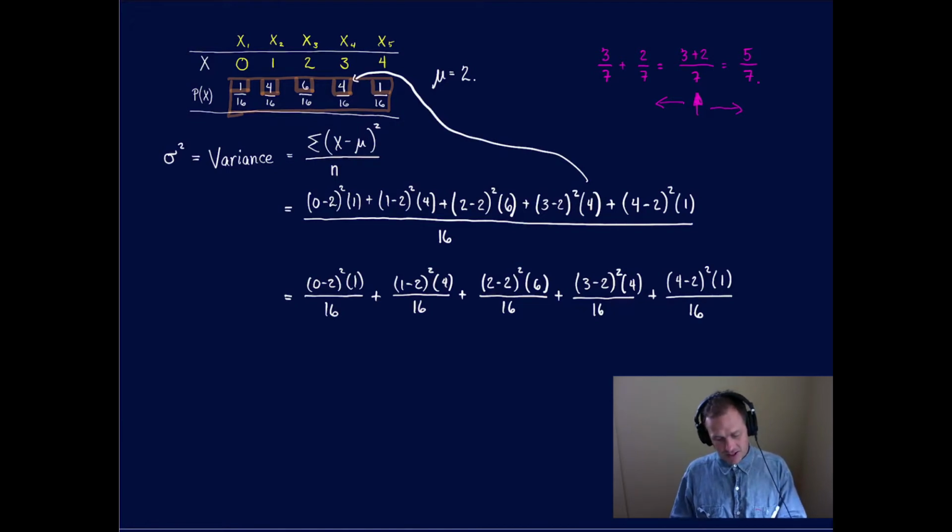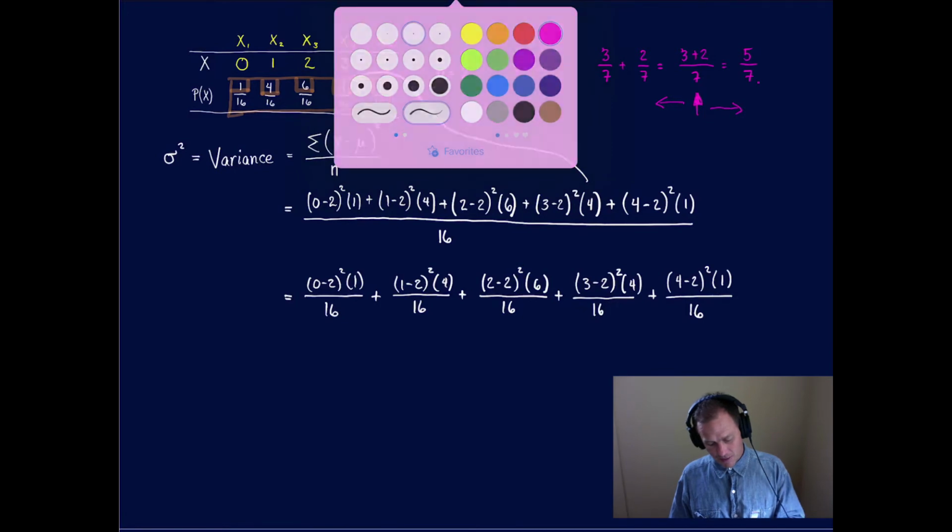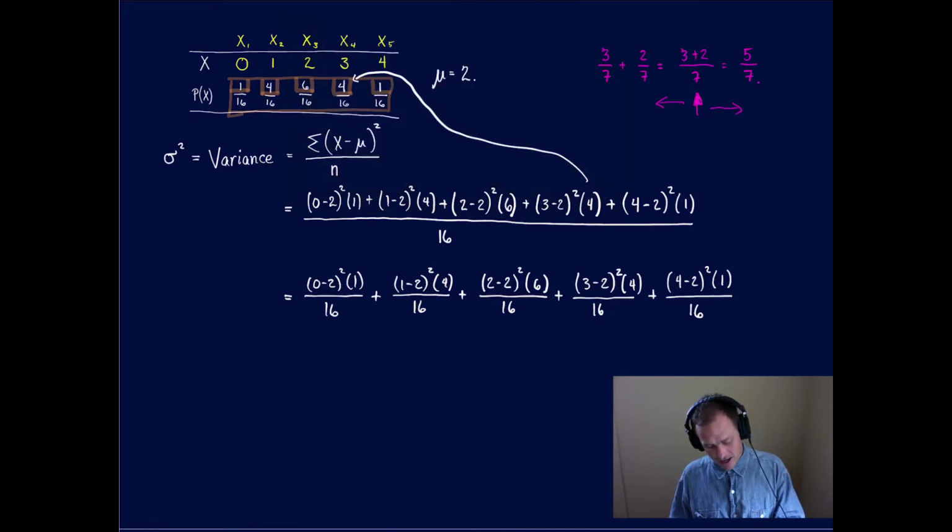Notice this. Here's another little red, pink, or magenta moment. Say I have something like 3 times 4 over 7. I can break this up.